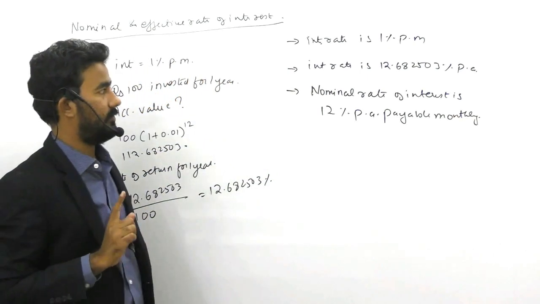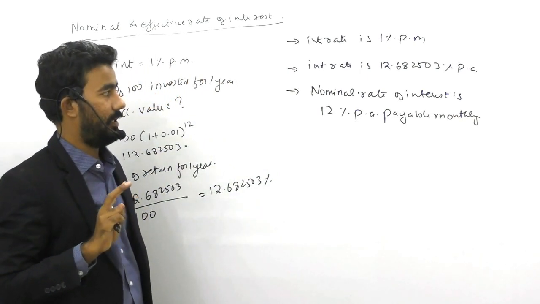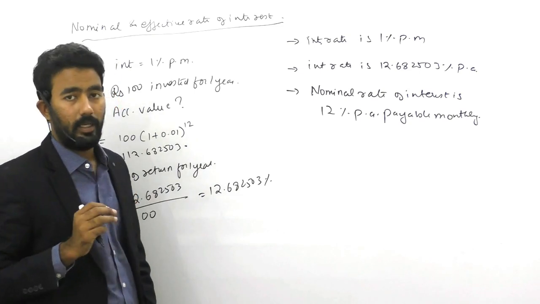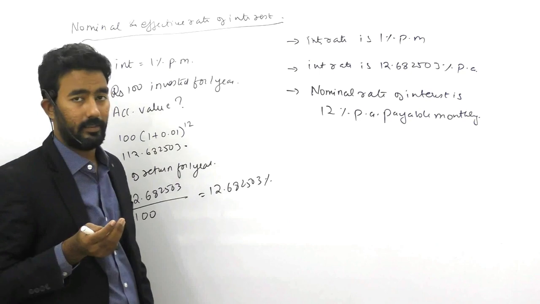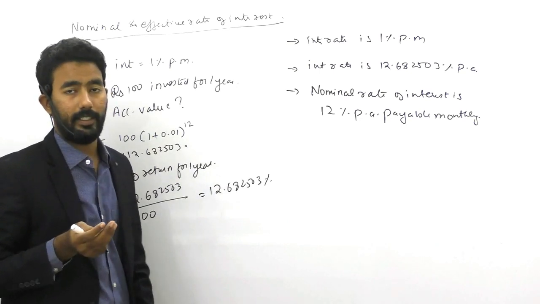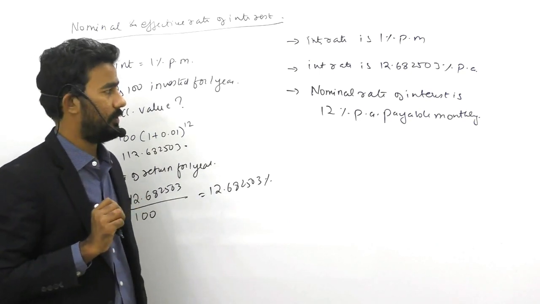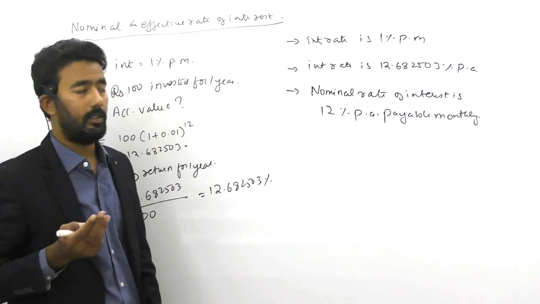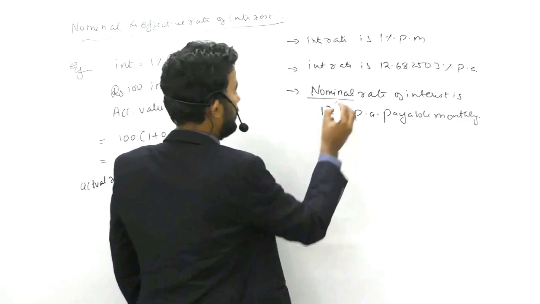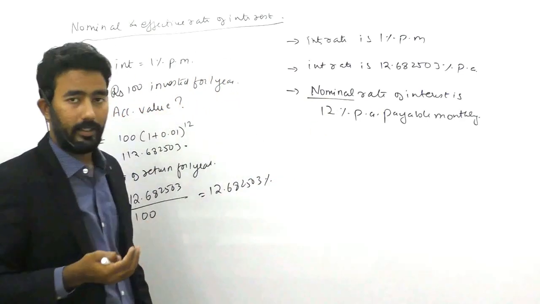I've written 3 statements: 1% per month, 12.682503% per annum and 12% per annum. So 12% per annum is not actually the real rate. It is not the actual rate of return that is being paid. The actual rate of return is 12.682503. With 12% per annum, we say that it is payable monthly and we use the word nominal. This is just a way of writing an interest rate.